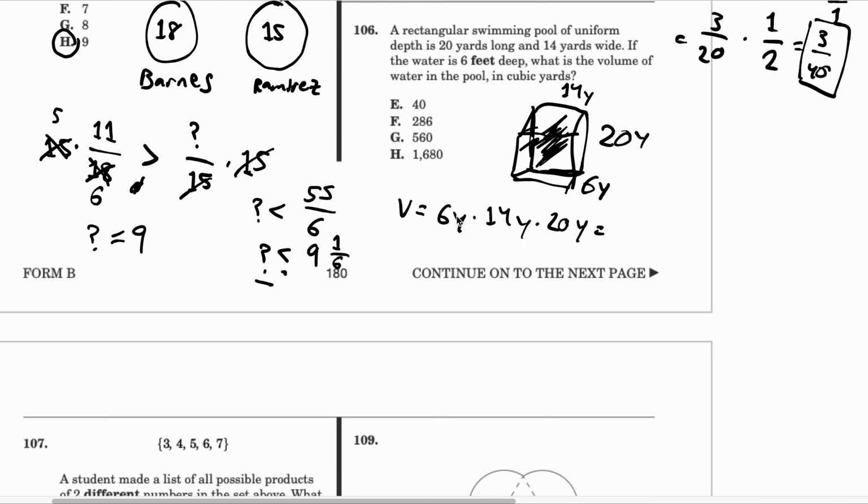And yards here is a unit, so don't confuse it as a variable. So I'm just going to omit it for now. So 6 times 20 is 120 times 14, and then 12 times 14 is 168, and then I just add that 0, and that's in cubic yards. So the volume in cubic yards is going to be answer choice H, right?